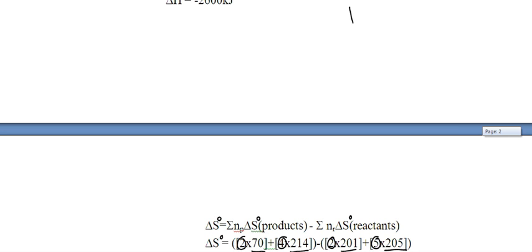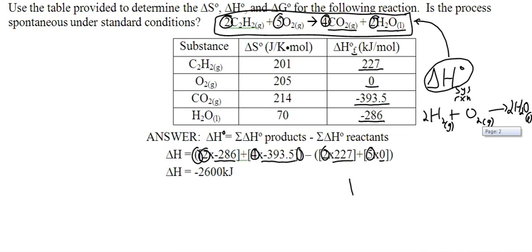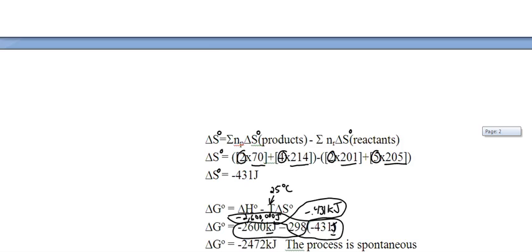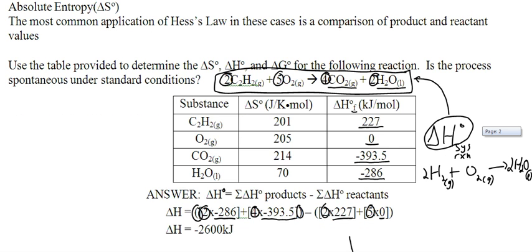Please make sure that when you're dealing with any of these, be it enthalpy as we see here or entropy as shown here, that you do follow the equation and you take your products and subtract away your reactants. You'll remember that when I first went to solve the problem, I used the coefficient for ethine over here.